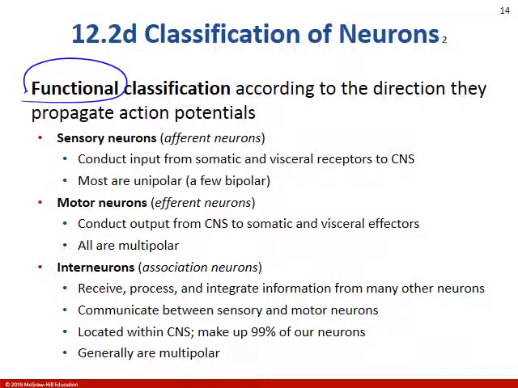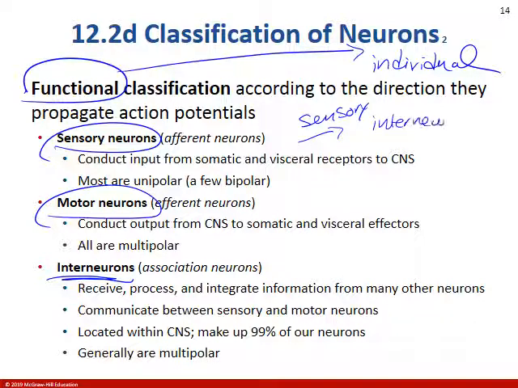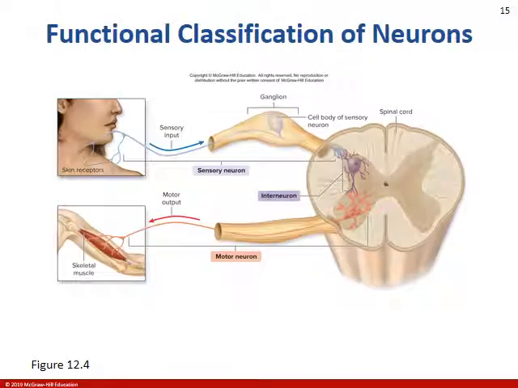Here we have the functional class of individual neurons. So they're either sensory, motor, or interneurons. So again, we're going to have the same setup where we have sensory information going to an interneuron, and then that interneuron sending out a motor message.